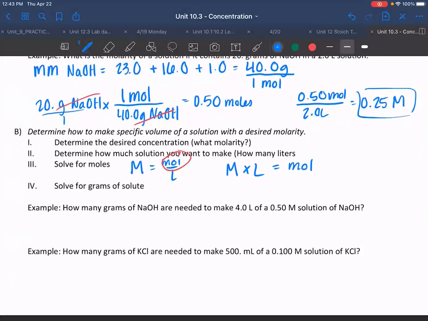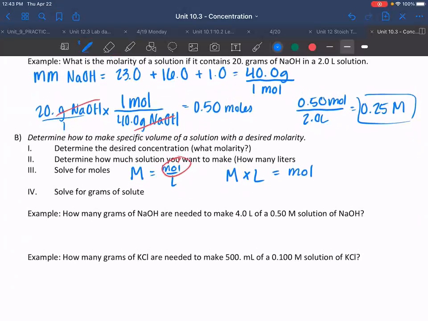So we'll do an example here. This asks how many grams of sodium hydroxide are needed to make 4 liters of a 0.5 molar solution. Well, the first thing I'm going to do is figure out how many moles of NaOH I need. And that is going to be equal to my molarity of 0.50. And now I'm going to write my molarity in terms of moles over liter to show you guys why this works.